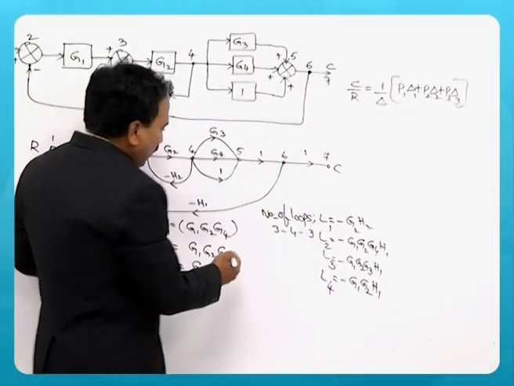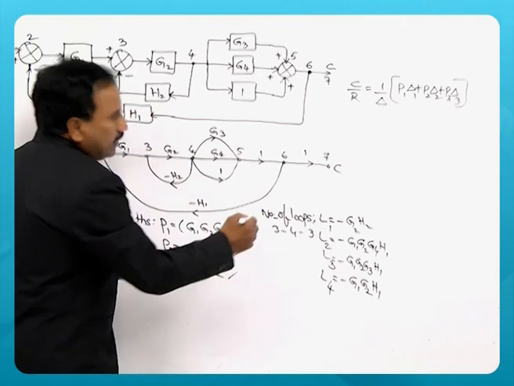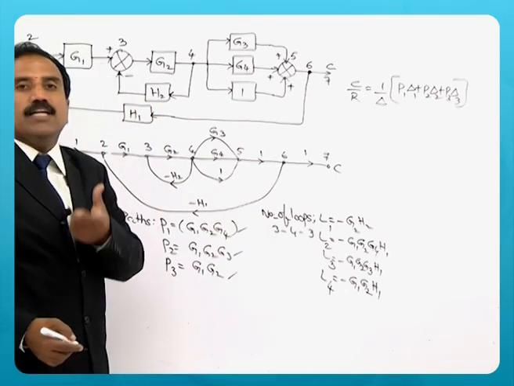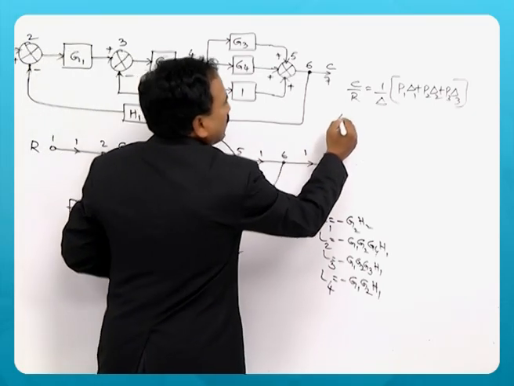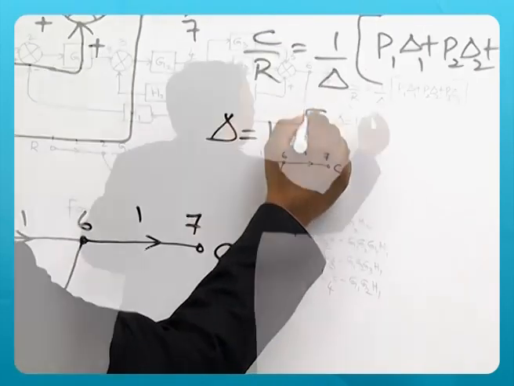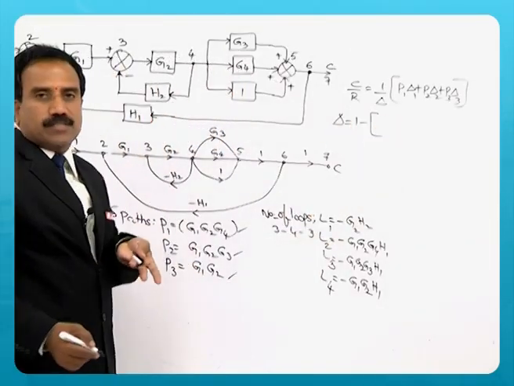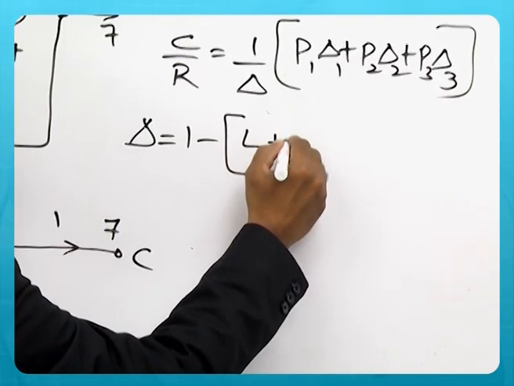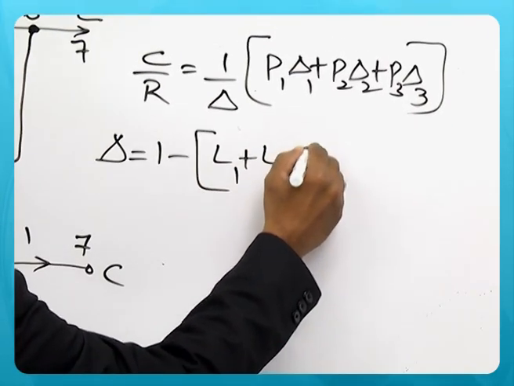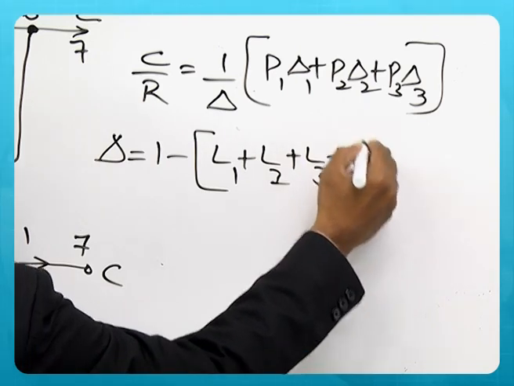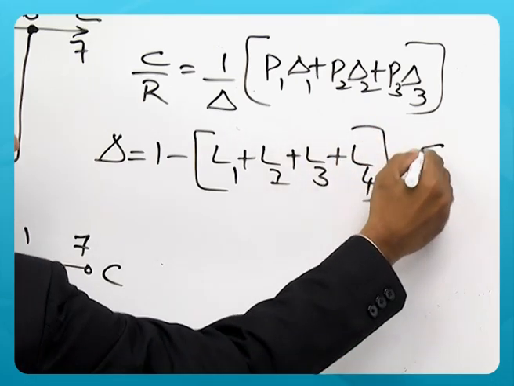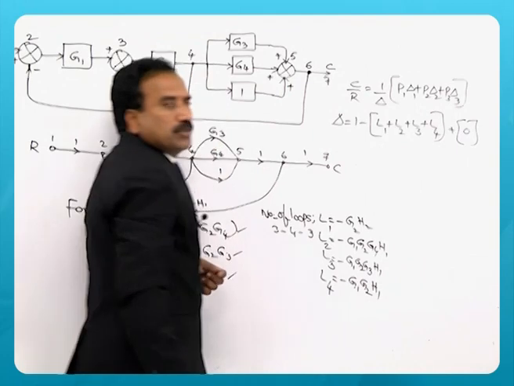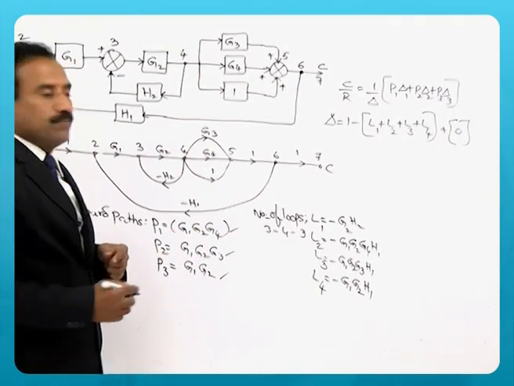P1, P2, P3 are already identified. Now what is delta? Delta is 1 minus the loop gains already identified here: L1 plus L2 plus L3 plus L4, plus no pair of loops exists, so 0.